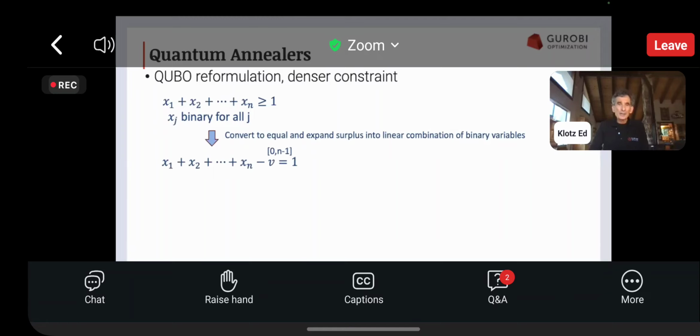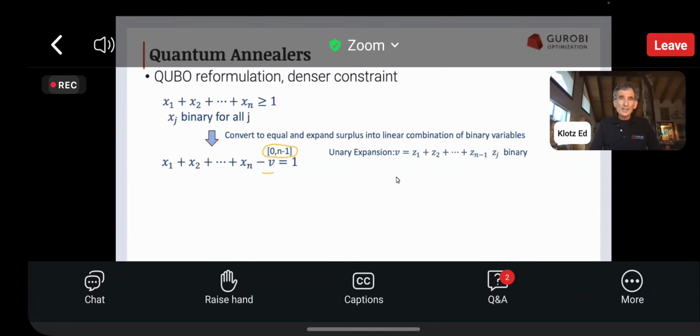But what we can do is subtract off a surplus variable to turn it into an equality constraint. We still have some work to do because this is not a binary variable. It's a general integer variable with upper bound as big as n minus 1.